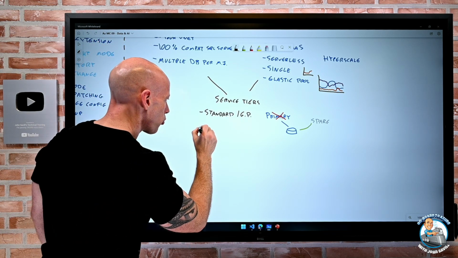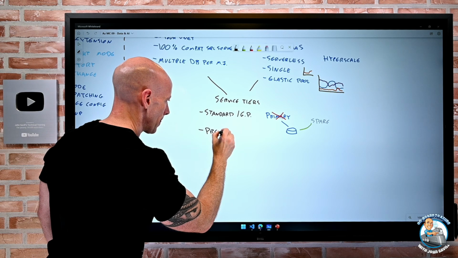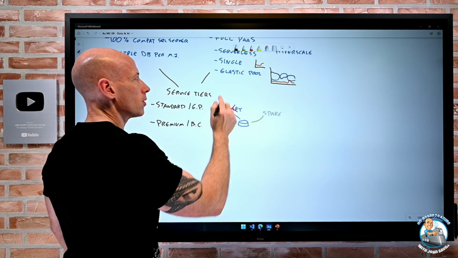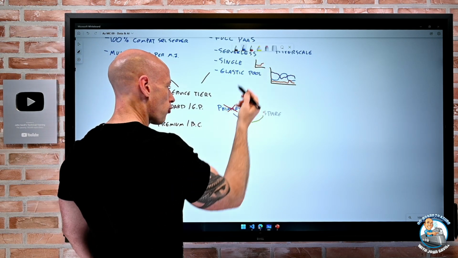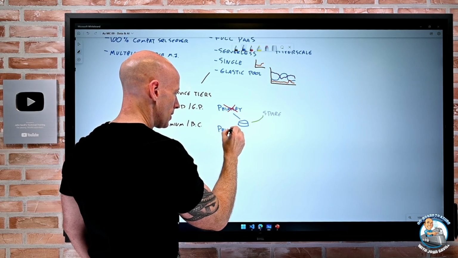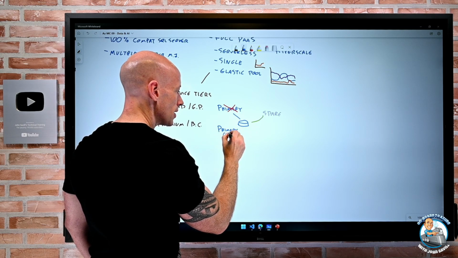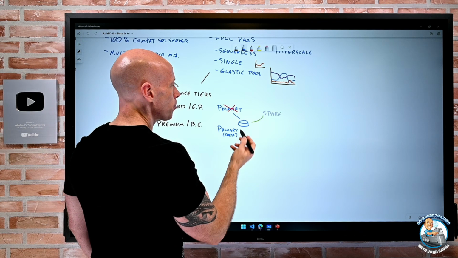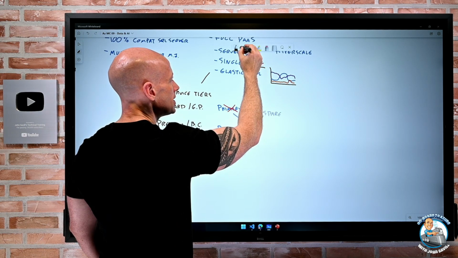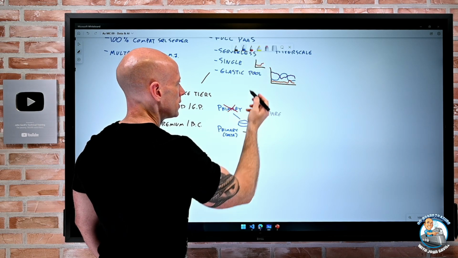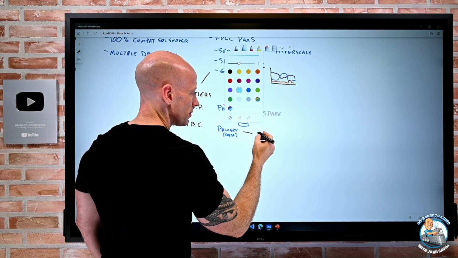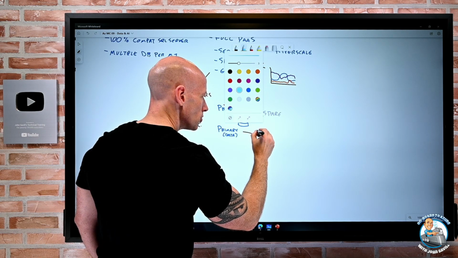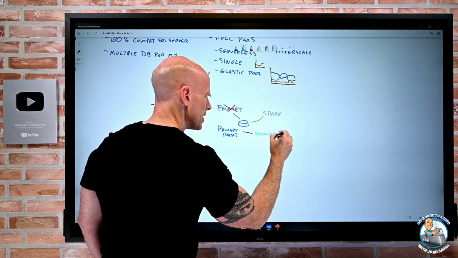Then there's also an idea of premium, business critical. So here it's a very different model. There's still, obviously, a primary, but the data is local. It's not stored on some separate storage. There'll still be some separate backup, but what then happens is this primary is replicating to passive standbys, which I'm going to call secondaries, and they might be used for read purposes.